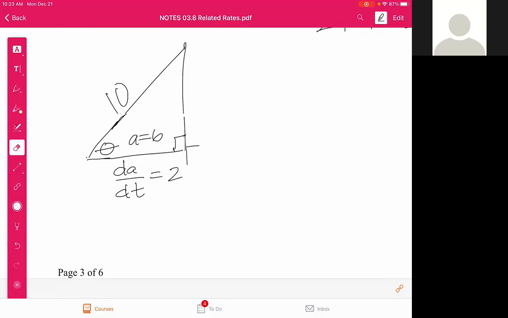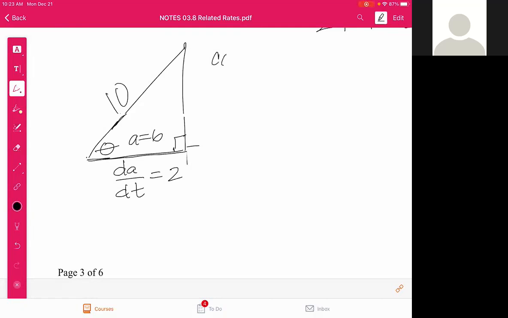So if I have a 6 and I have a 10 to work with, what trig function would use this side on the ground and the hypotenuse? Cosine. Yep, cosine.